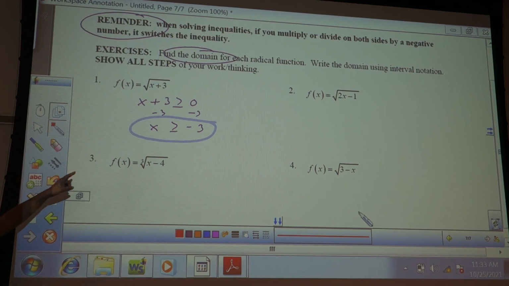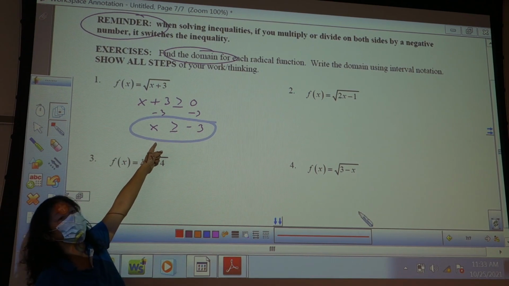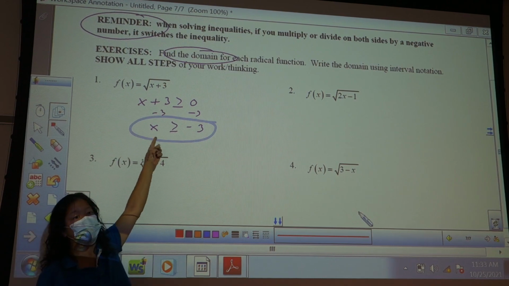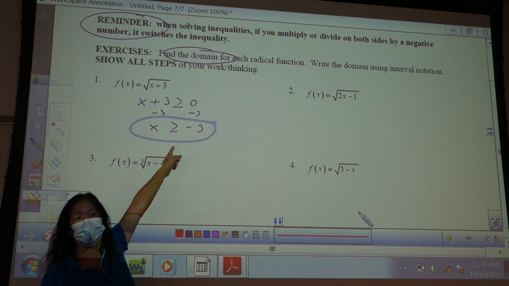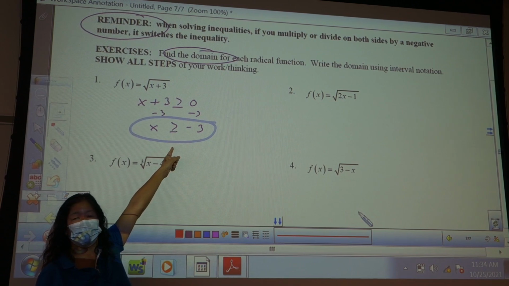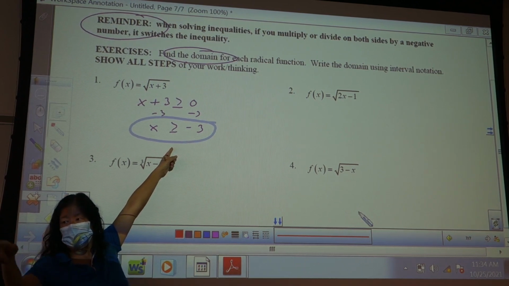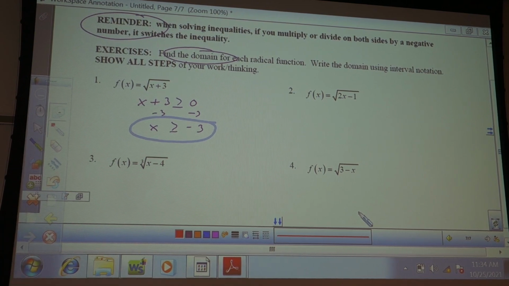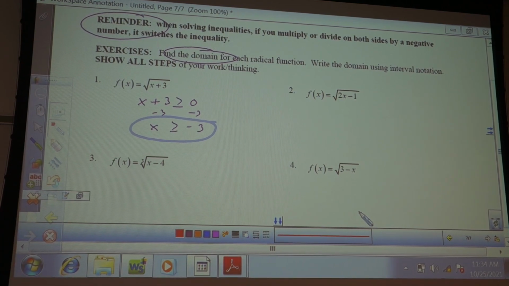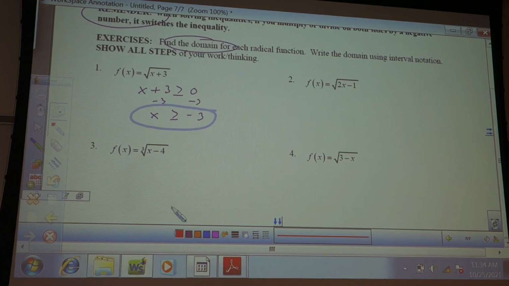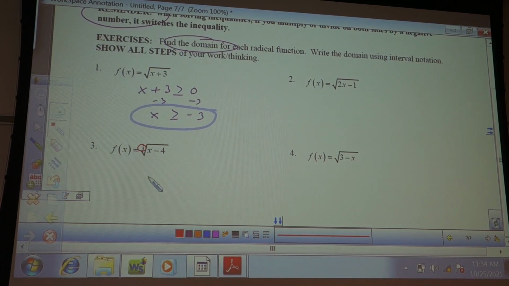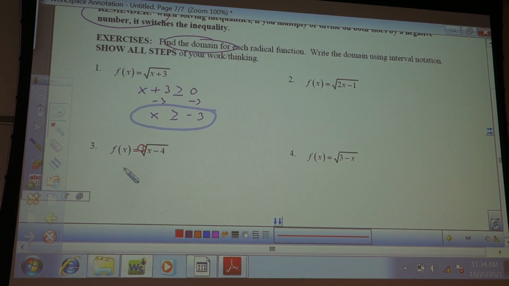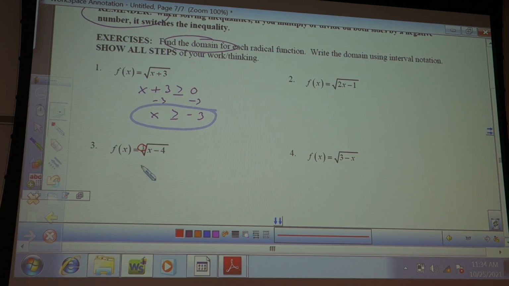So if it's a square root, you have a restriction. Whatever's inside the square root has to be greater than or equal to 0. Good? We're going to need to use that later on in this handout. However, this one has a 3 right there, so it doesn't matter. This is all real numbers.